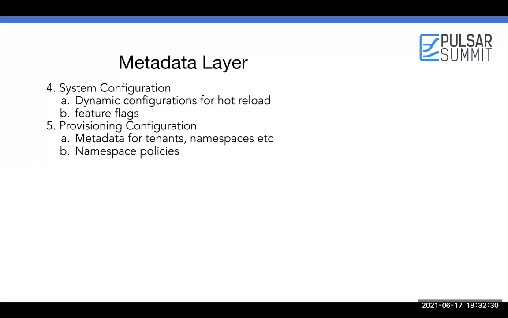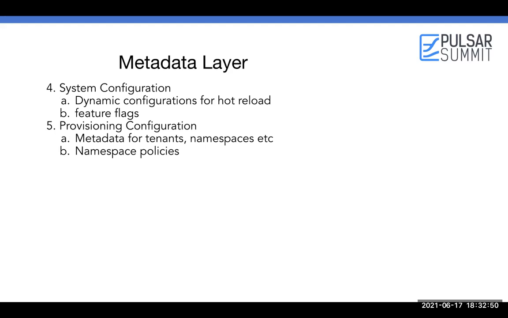Then we also have system configuration. You don't want to restart your broker nodes or bookkeeper nodes for every configuration change to take effect. So you use Zookeeper watches to push these changes to brokers.